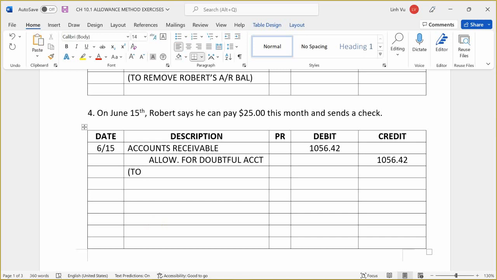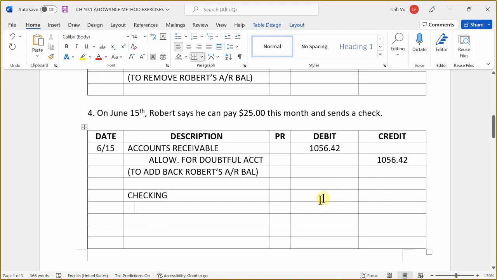Now, how do I record his payment? Checking, because he sent me a check, for 25 debit.